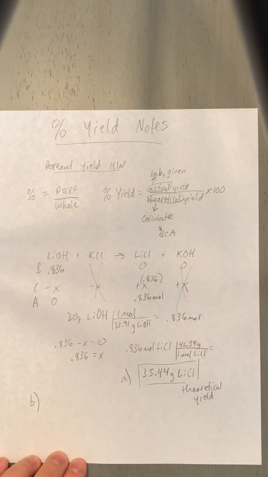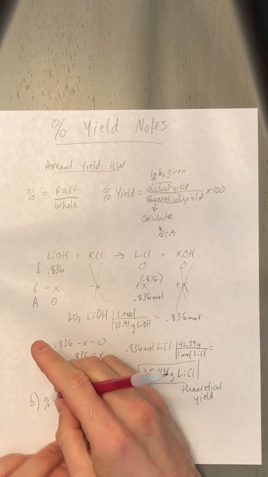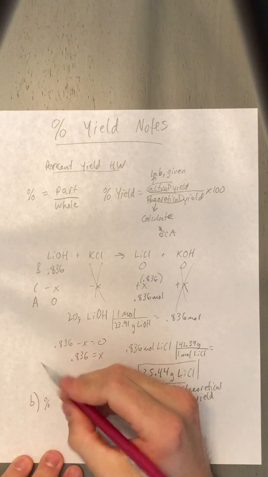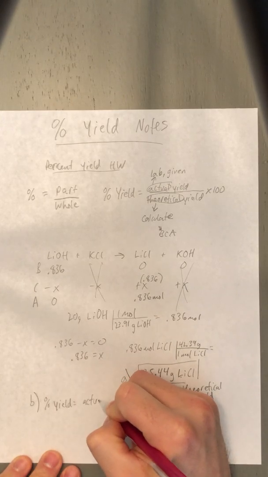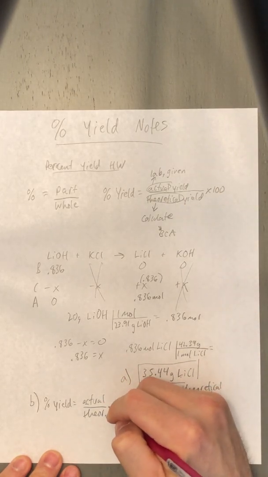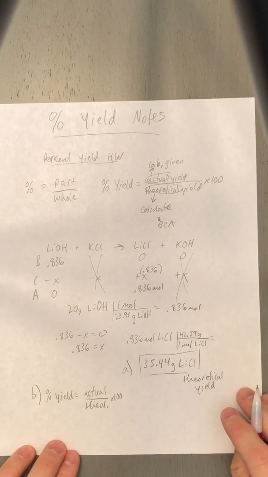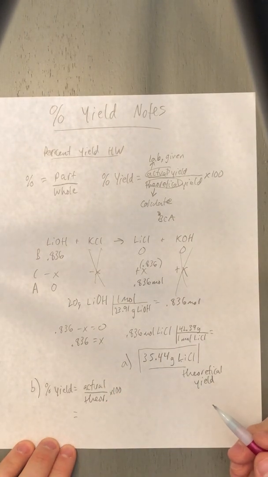But then part B, what's the percent yield? Well, we know percent yield is actual over theoretical times 100. The actual is in the problem. I actually produced 6 grams.